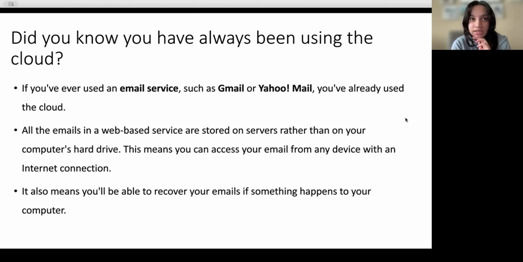If your computer breaks, you'll still be able to get a brand new computer and read your emails again because they're all being stored on servers rather than your actual computer's physical hard drive. Does that make sense to everybody? Yes. But if you have questions, please let me know.